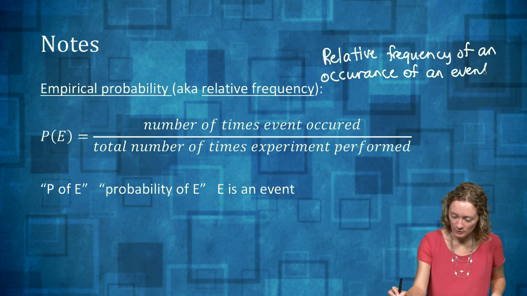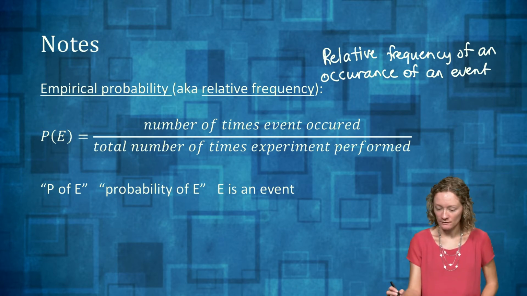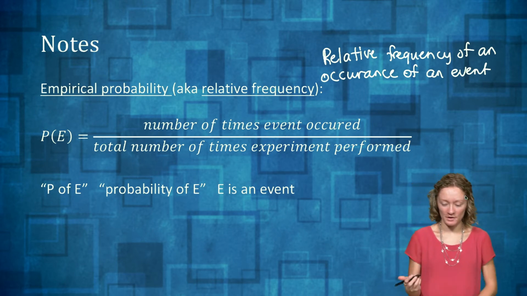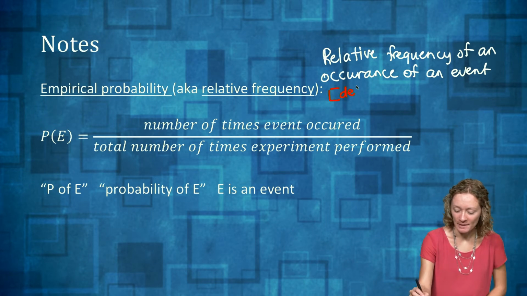And this is what distinguishes empirical from theoretical probability, is that empirical is determined by actual observations.